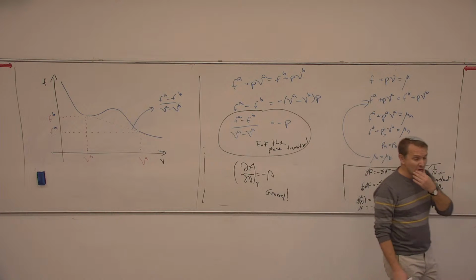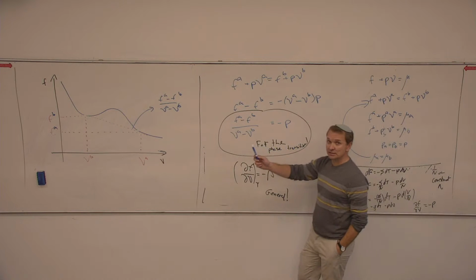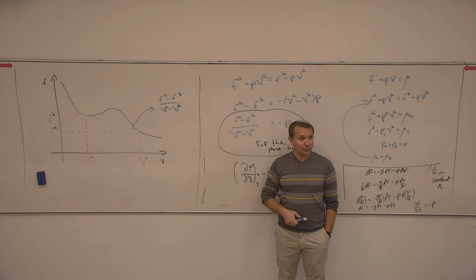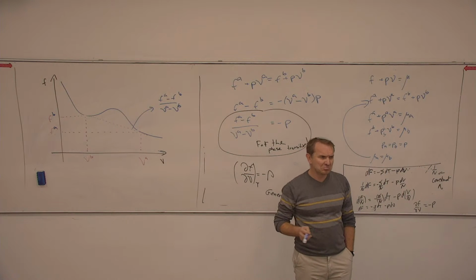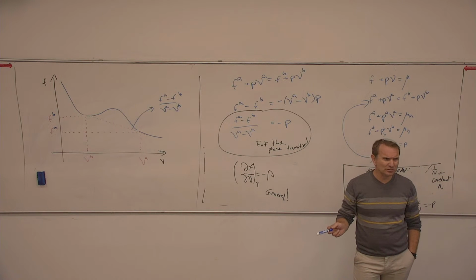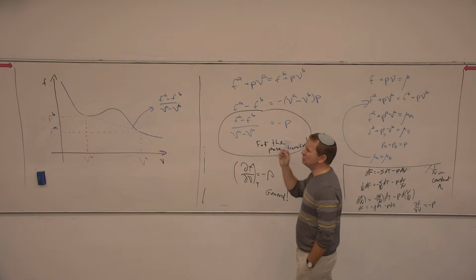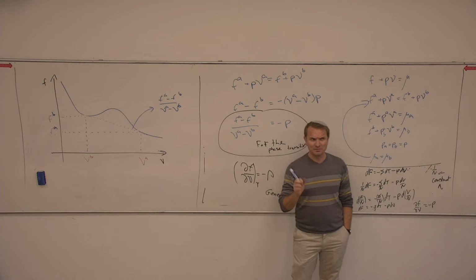Okay? This criteria tells us the following thing. Plot the free energy. You can plot the free energy per particle, or you can plot the general free energy. It doesn't matter.